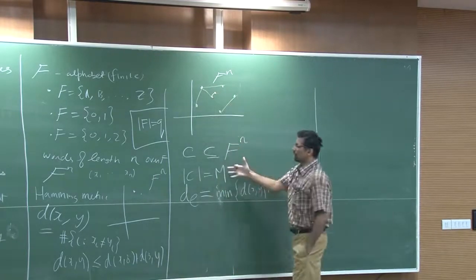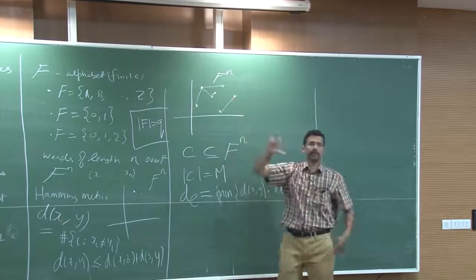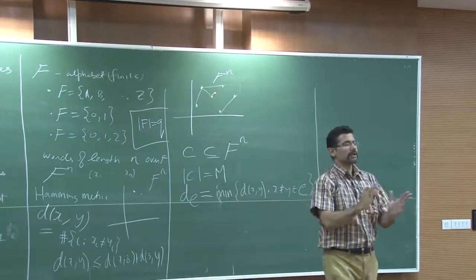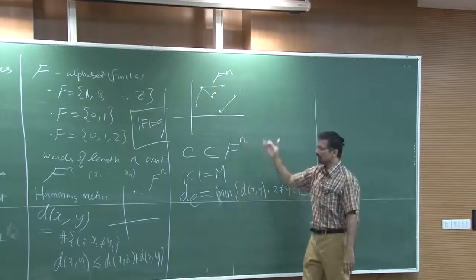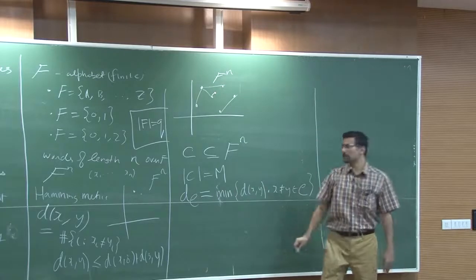How many are there? If you have m dots here, there are m choose two such pairs. Look at the distance between them, and it will be a positive integer. Look at the minimum.